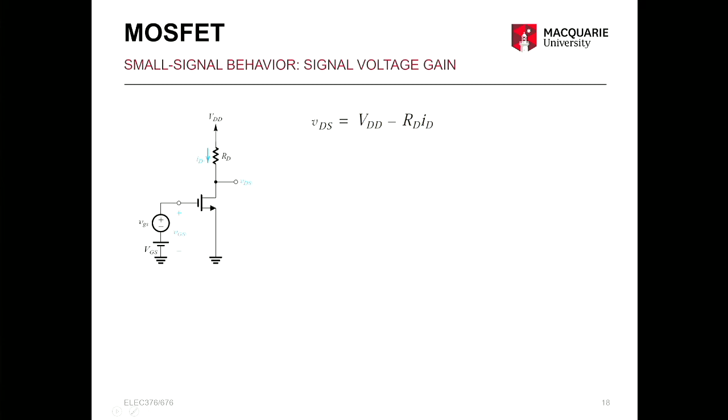And what is the real amplification? So that is the maximum amplification that we can get. What would be the real amplification? VDS is VDD minus ID RD. And if you consider both AC and DC, that is VDD minus the DC part plus the AC part times RD, that is VDD minus ID RD minus the AC part.